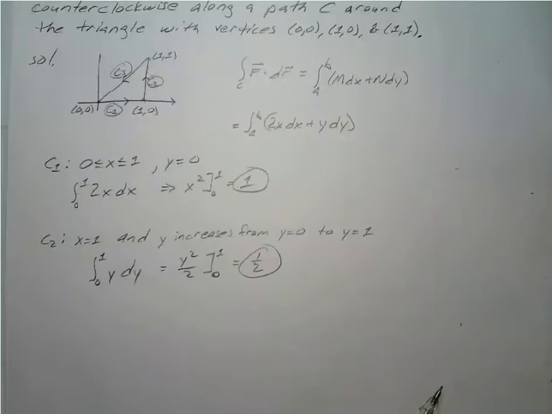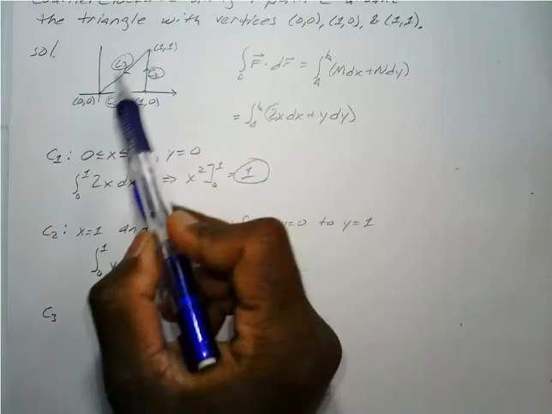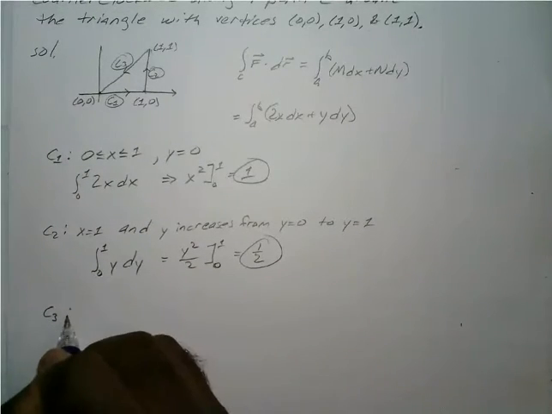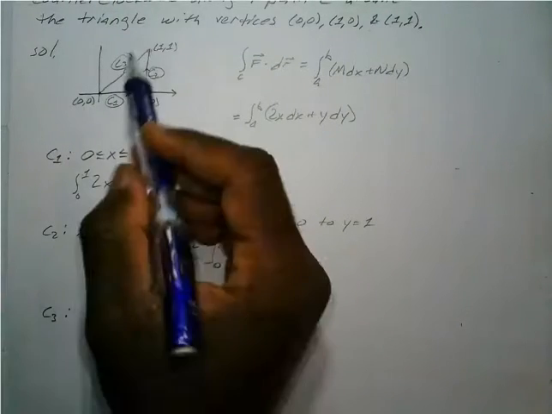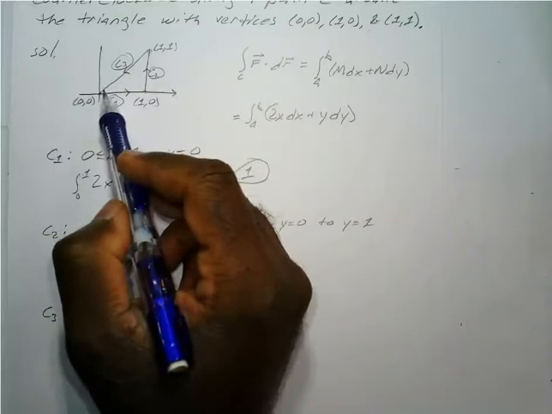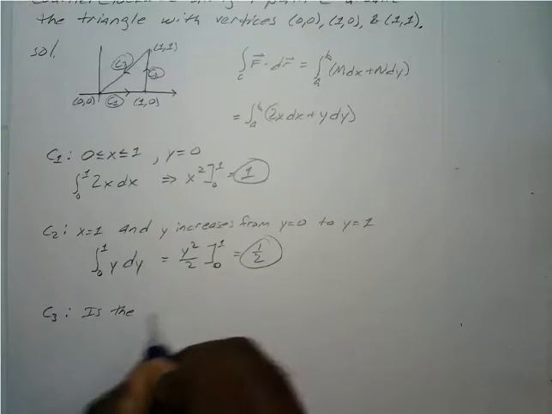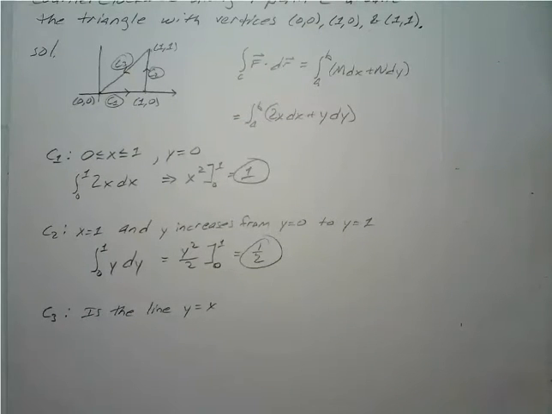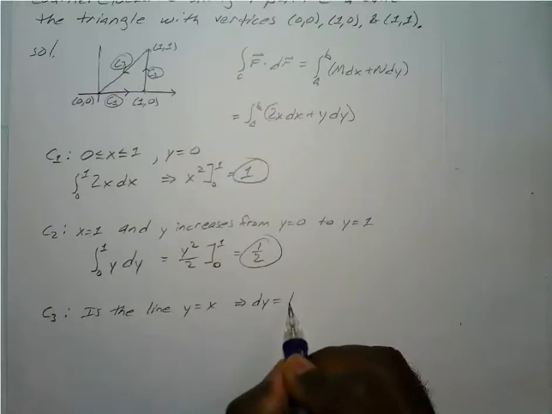Now, we need to figure out the amount of work needed to go in this direction. We can actually figure out the formula here. We can see that's just y is equal to x, which means that your dy is equal to dx.